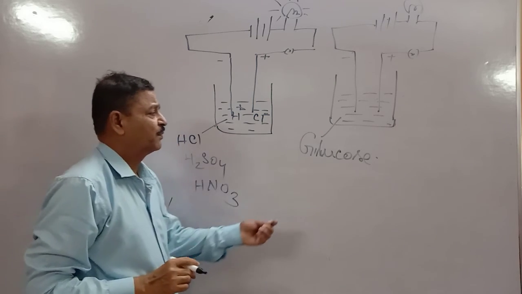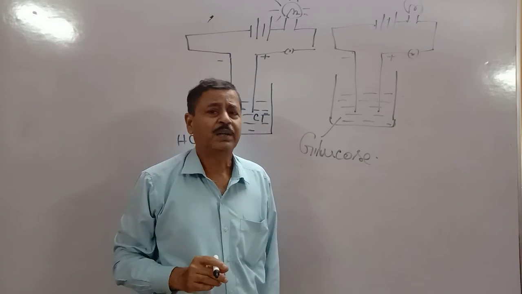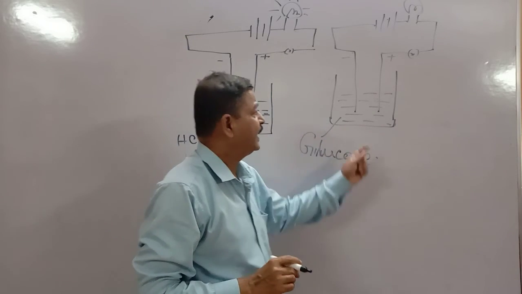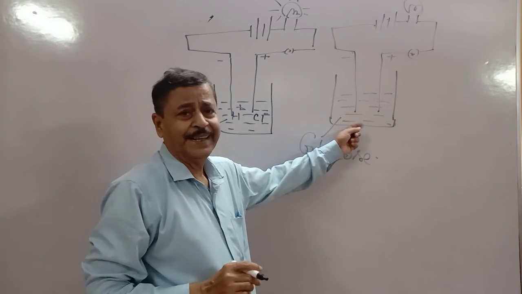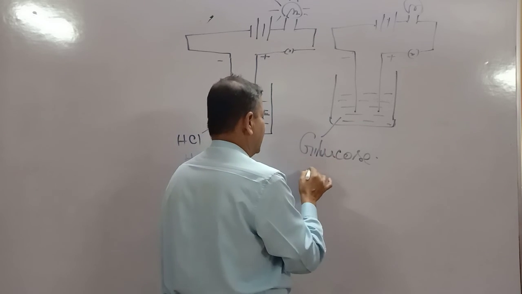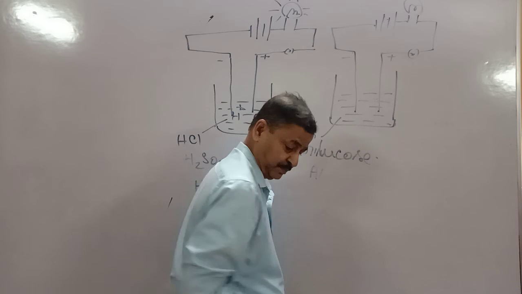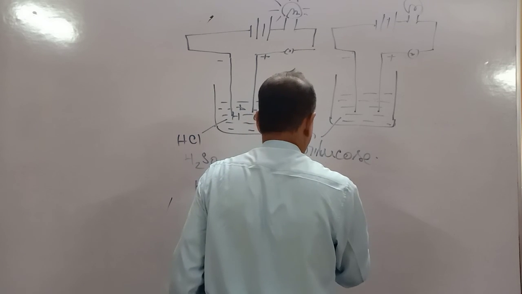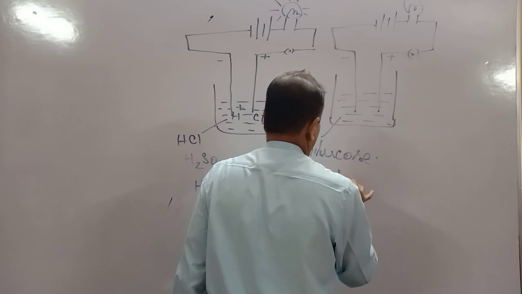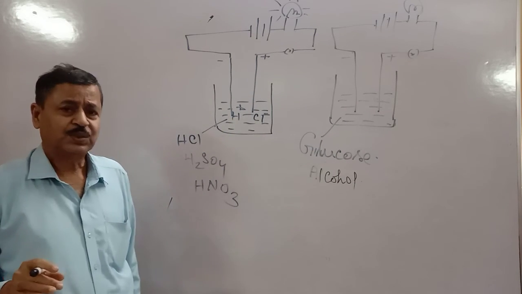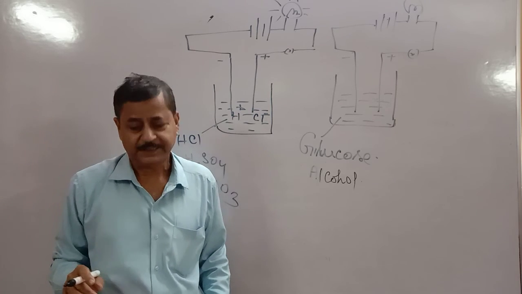This means that glucose is an organic compound. It is non-polar and does not dissociate into ions. So glucose and alcohol are bad conductors of electricity because they do not produce ions.